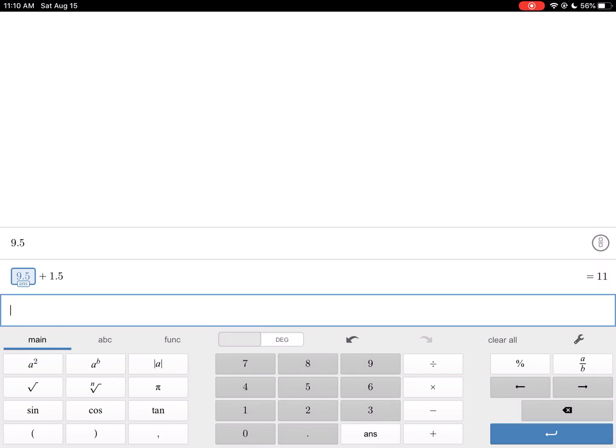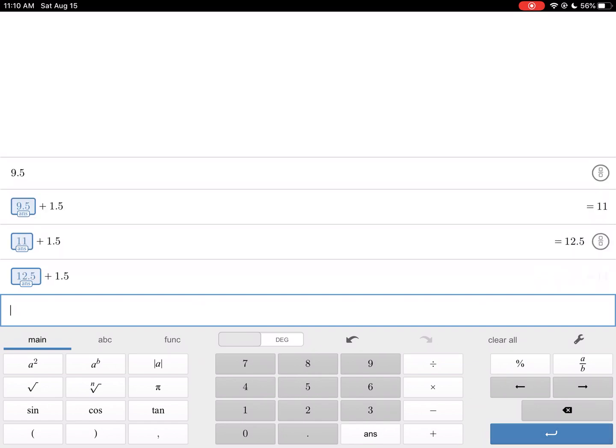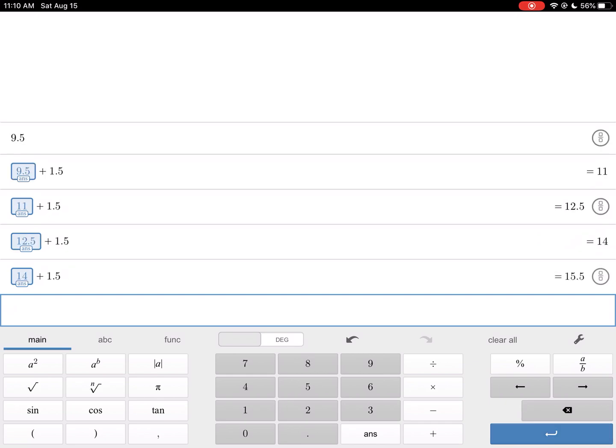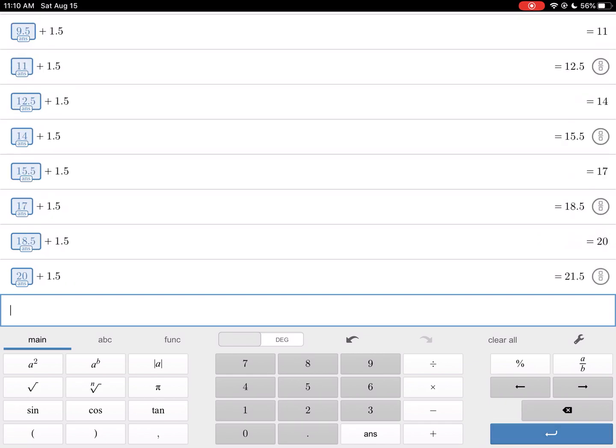There's my second term. Now if I do my third term, I just press enter. There's 12.5. If you just keep on pressing enter, you're getting the next terms of your sequence. That's how we got 14, 15.5, 18.5, 20, and so on.